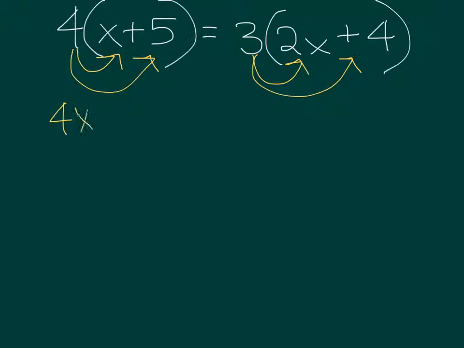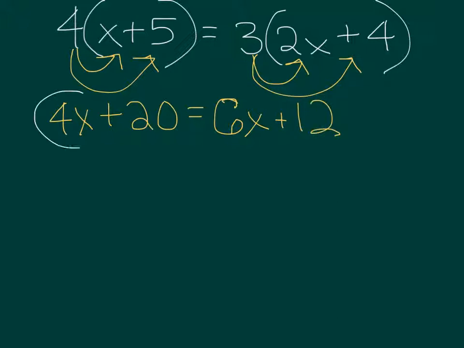So we are left with 4x plus 20 equals 6x plus 12. My like terms are my 4x and my 6x. We want to identify, are those positive or negative? Since there's no sign in front of both of them, we would consider them positive.